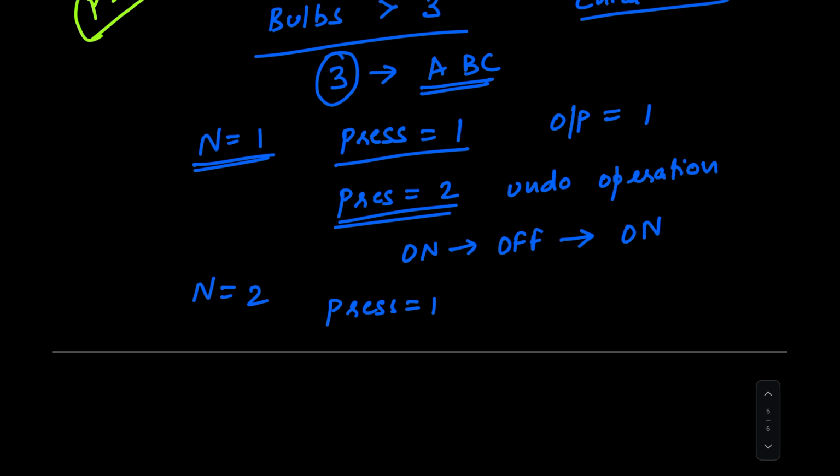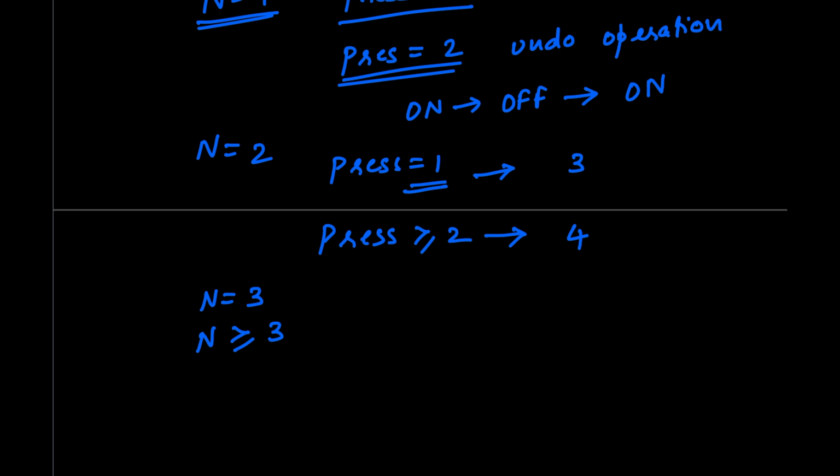If n is equal to 2 and presses is equal to 1, we can get a total of 3 possible combinations. And if presses is anything greater than 1, that will give us the max combination of 4. The last case is for n of 3 or greater. If presses is equal to 1, then we can have a total of 4 combinations.